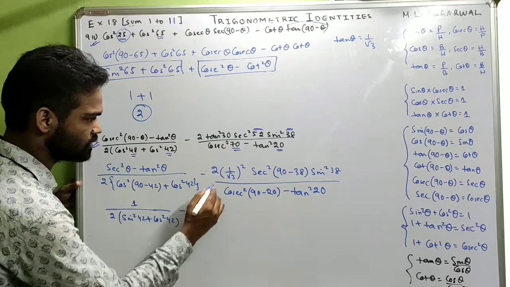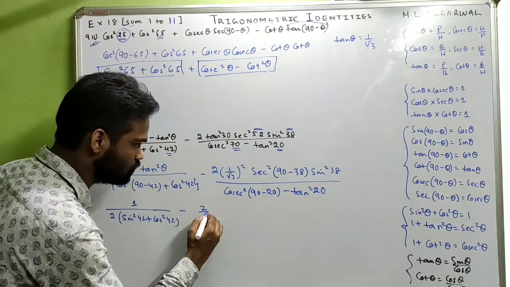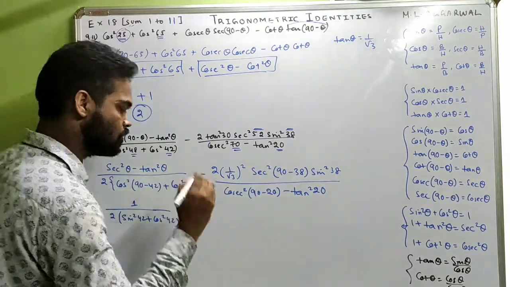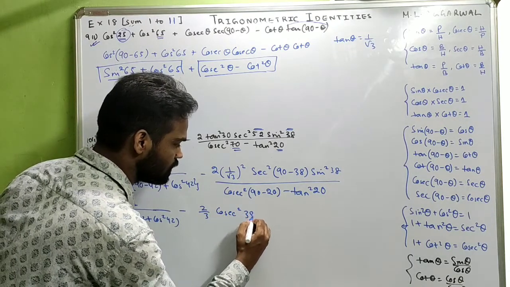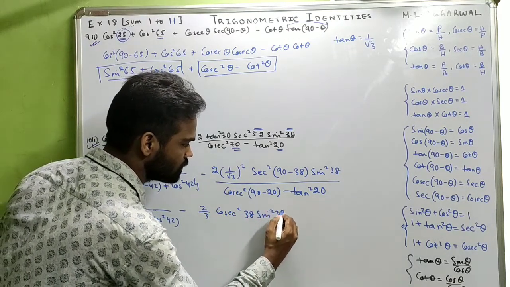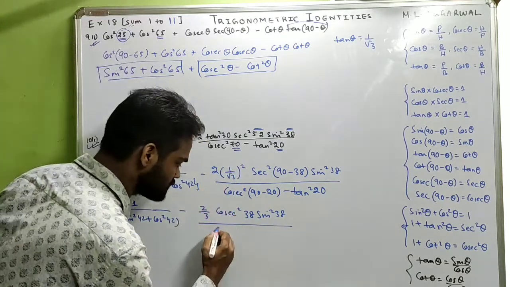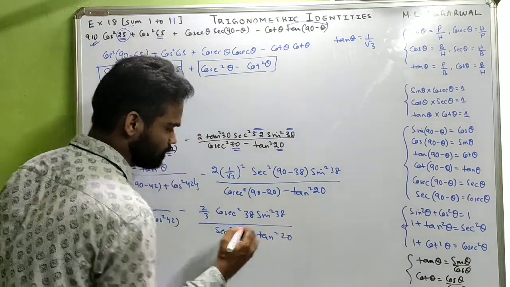Minus, 1 square is 1, root 3 square is 3, so that becomes 2 by 3. And sec 90 minus theta is cosec, so that becomes cosec square 38 sin square 38 by, cosec 90 minus theta is sec, so that becomes sec square 20 minus tan square 20.